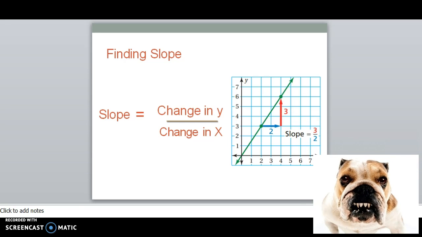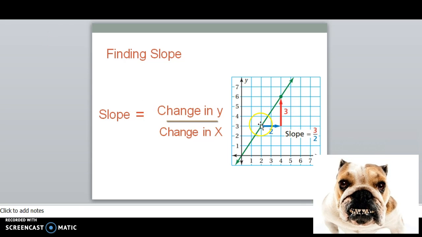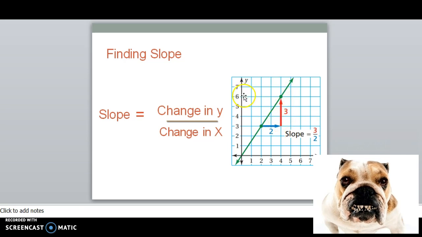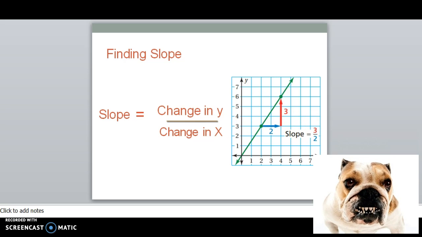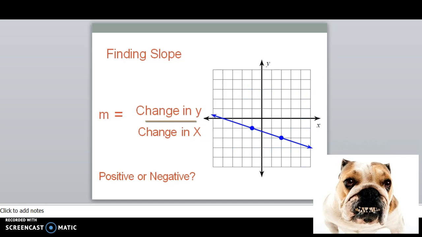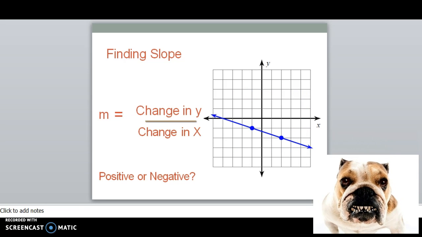So looking at this line, to go from this point to this point, I have a change on my y-axis. Then to go from this point to this point, I have a change in my x. So we use something that's a little bit easier to understand called rise over run.